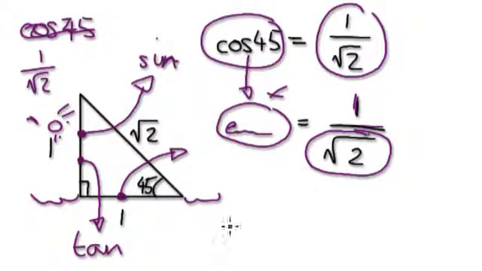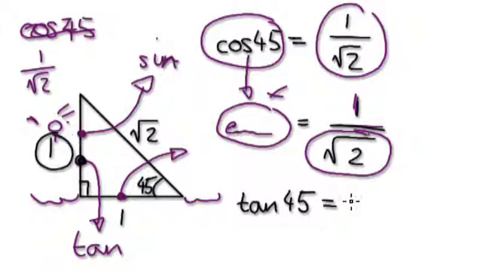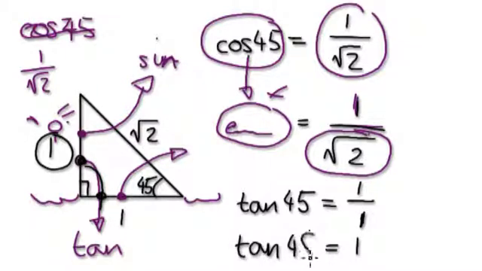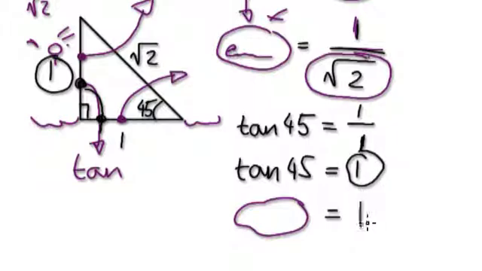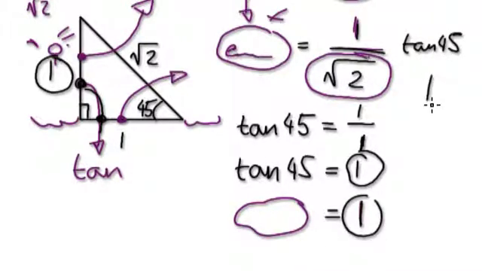If you tan 45, tan is this one here. It equals 1 over 1, so that's just 1. So if you tan 45 on your calculator, it will give you a number, and that number will be the same as this number here, 1. So sometimes in math, if you see tan 45, you can actually replace it with the number 1.